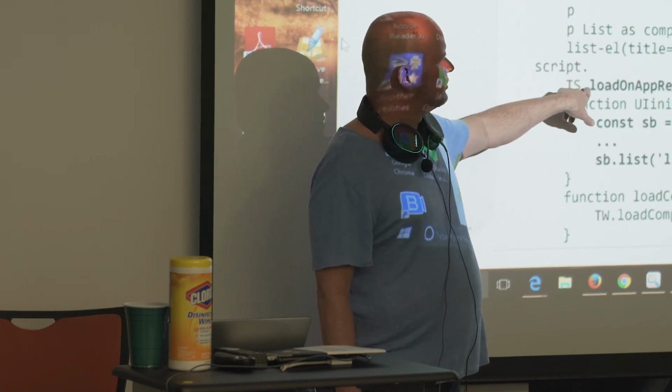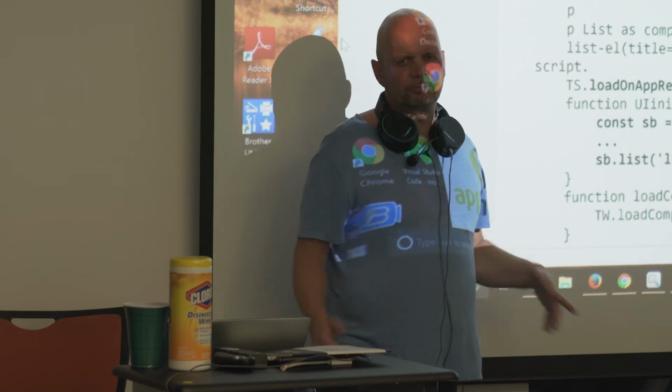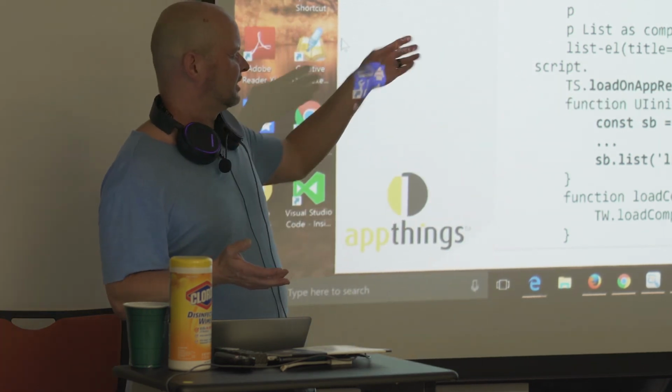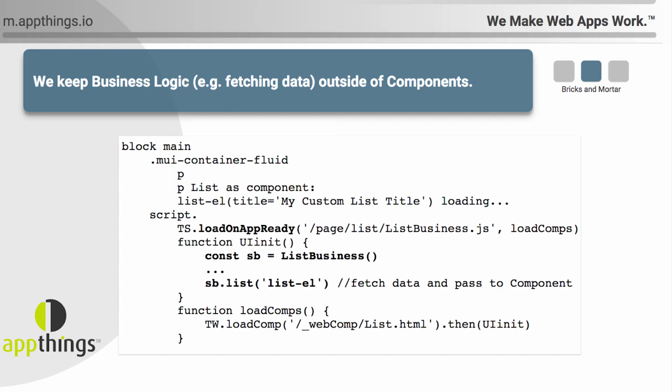So what we do is we encapsulate this business logic in a separate JavaScript, in this case called list business. We load that list business, and when it's been loaded, load comps, we load the component. You saw that before.